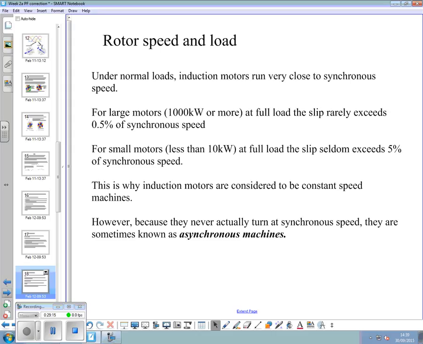This is why induction motors are considered to be constant speed machines. However, because they never actually turn at synchronous speed, they are sometimes known as asynchronous machines.